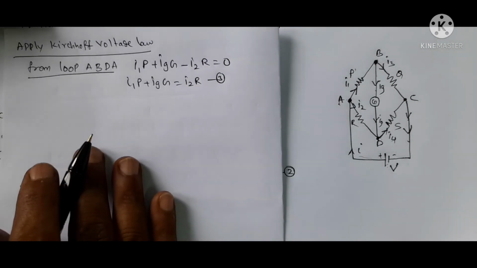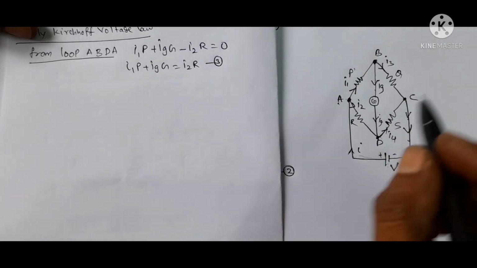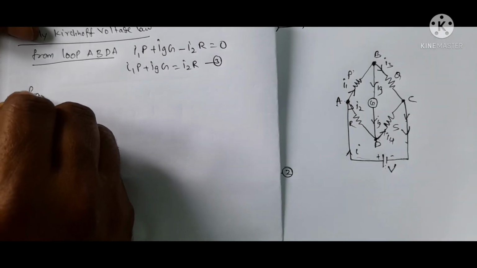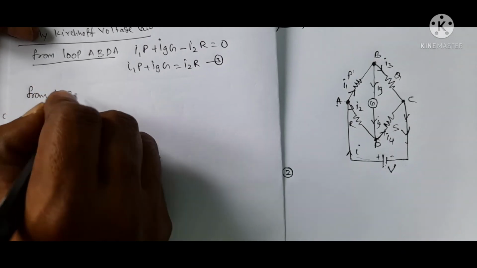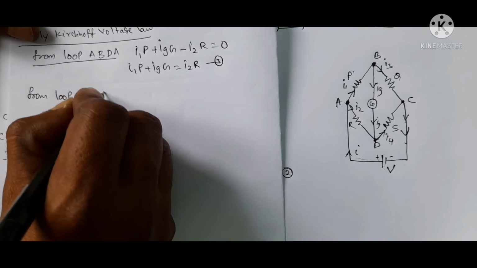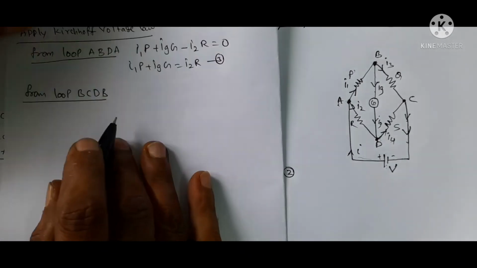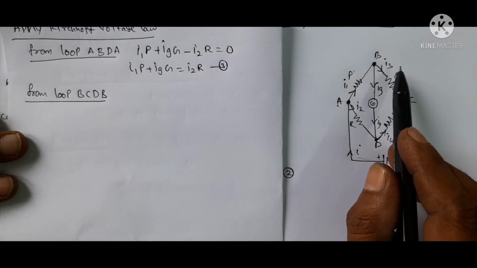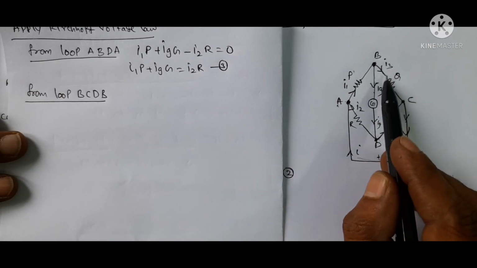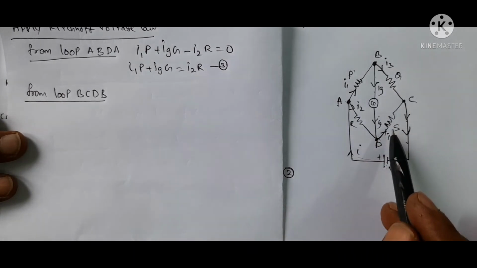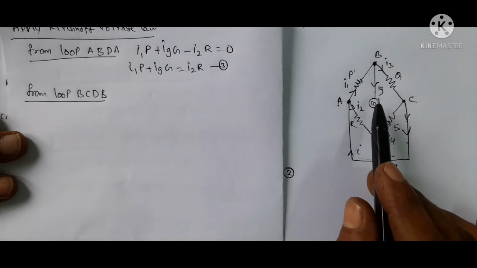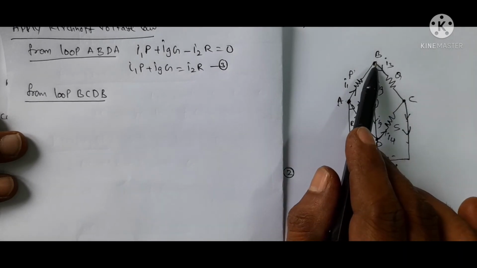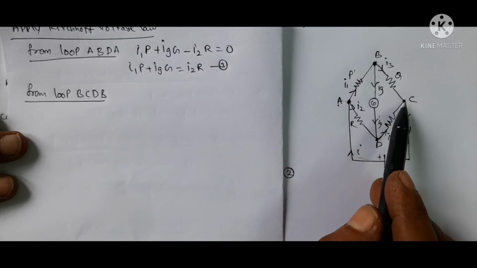Next, another loop B, C, D, B. From this loop you can use the same thing. Here the potential is I3Q, here I4S, and this is IgG. This one is coming in this direction, so it is positive.